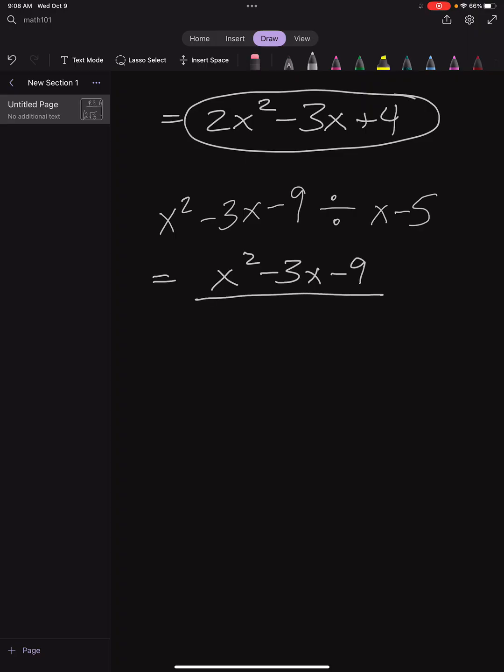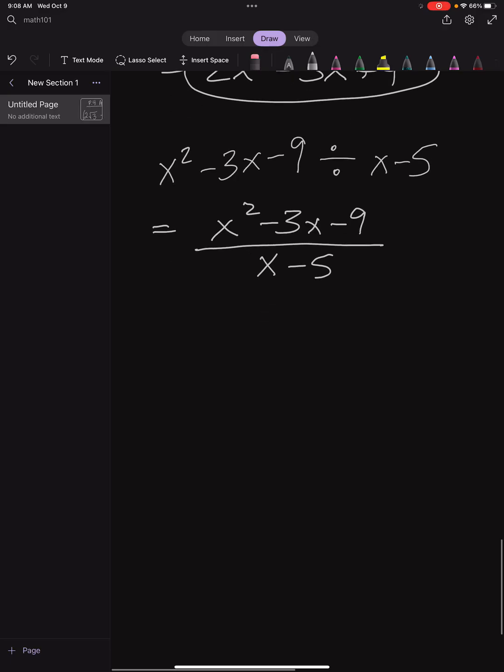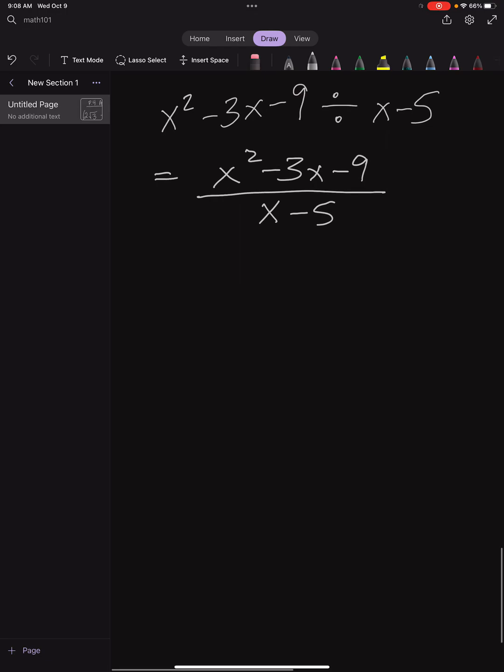Let's see. Let's do x squared minus 3x minus 9 divided by x minus 5. I could write this as the fraction x squared minus 3x minus 9 divided by x minus 5. But that doesn't really help me too much because I can't factor the numerator.